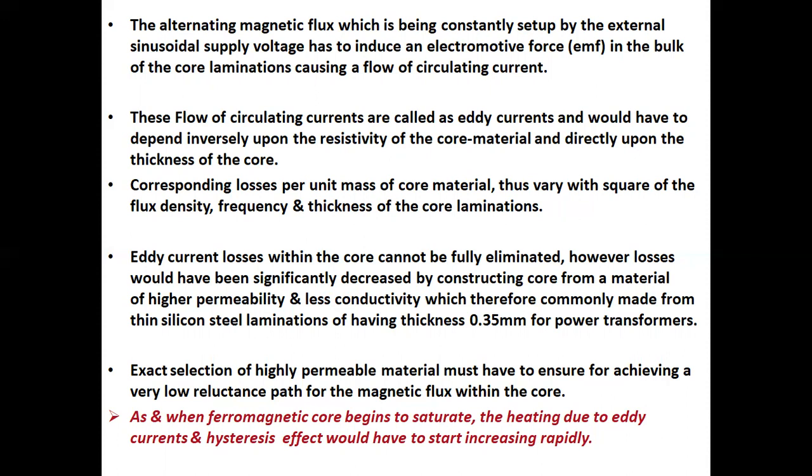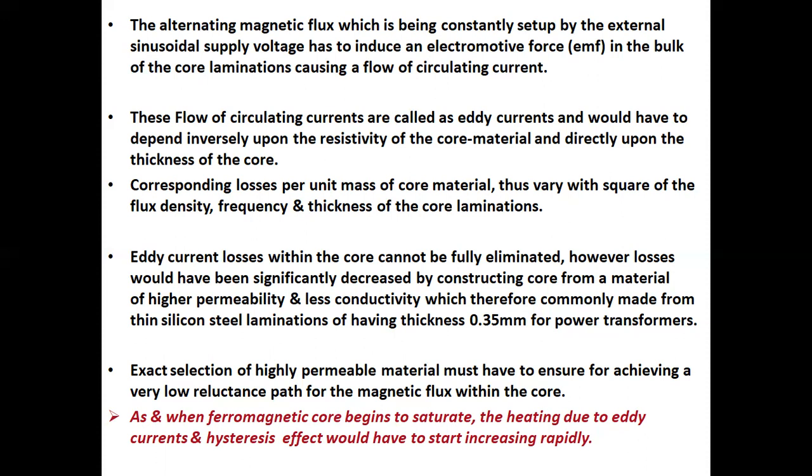However, losses can be significantly decreased by constructing the core from a material of higher permeability and lower conductivity, which is therefore commonly made from thin silicon steel laminations of thickness 0.35 millimeter for power transformers.